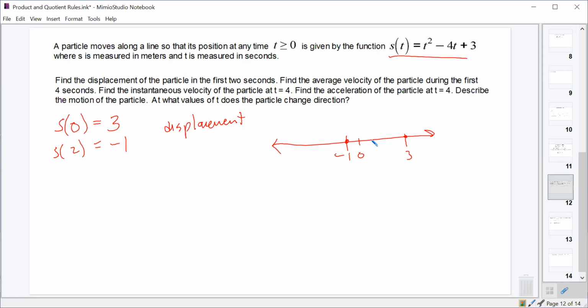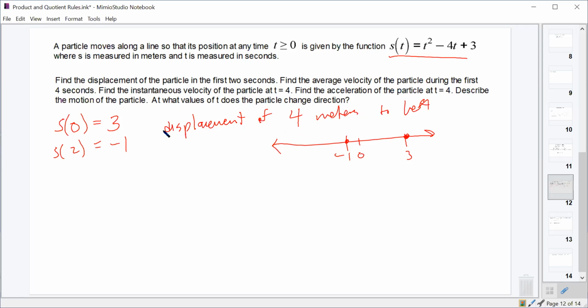No, because it's from where we started. We didn't start at the origin. Oh, 4. Started at 3, so we have a displacement of 4 meters. And if we wanted to clarify, it's 4 meters to the left of where we began, but you don't necessarily need to clarify that it's to the left or to the right. So we have a displacement of 4 meters to the left.